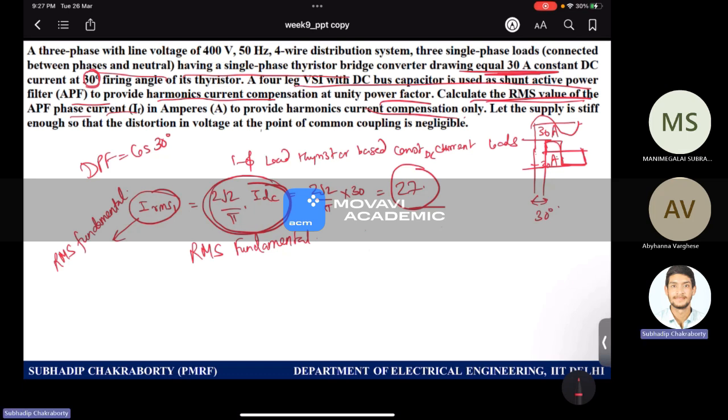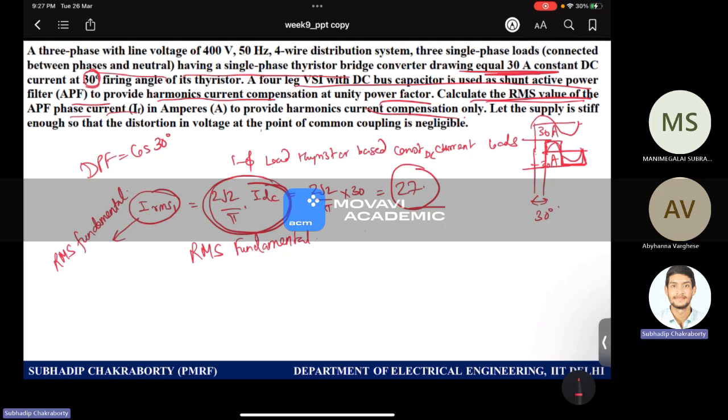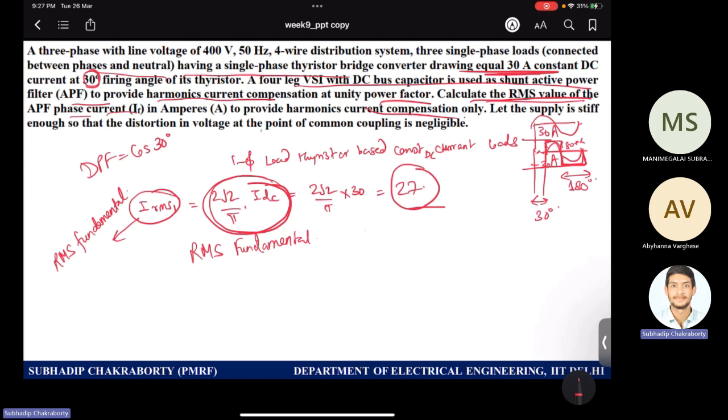But what you see, whenever you determine this RMS component, your fundamental waveform is shifted by 30 degree, right? Agreed or not? Yes, sir. This is 180 degree, from alpha to 180 plus alpha. So an alpha shift is there, right?